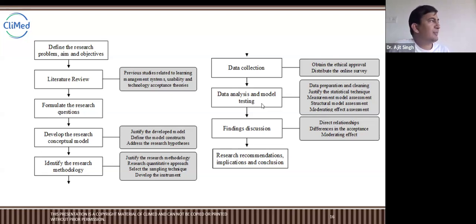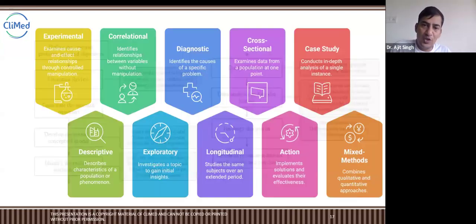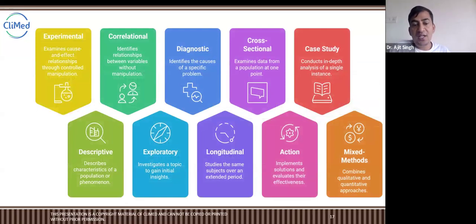As I told you, many types of studies are there. Based on the timeline, one is a forward timeline, one is a backward timeline: retrospective and prospective studies. Then, based on the intervention, there are two types: without intervention, which are called observational, and interventional studies.